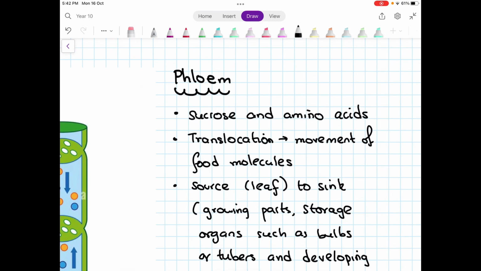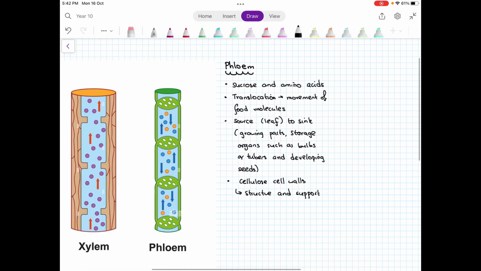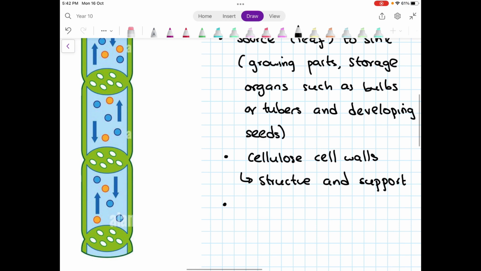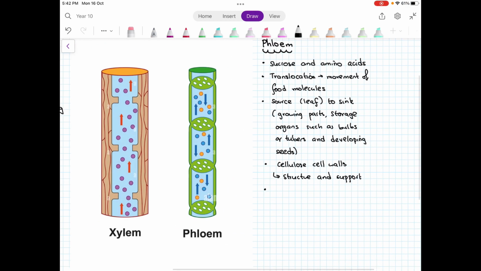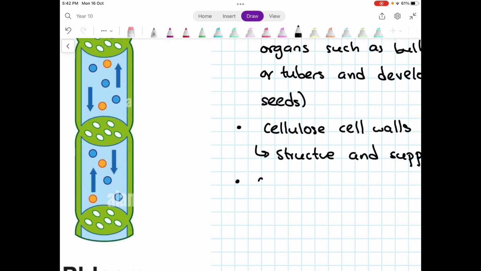So I want to note, while sucrose and amino acids are the substances being transported, they are ultimately dissolved in water. So that's why the phloem is still going to have to experience some turgor pressure. And it's exactly what the cellulose cell walls help the cells withstand. Support and structure.